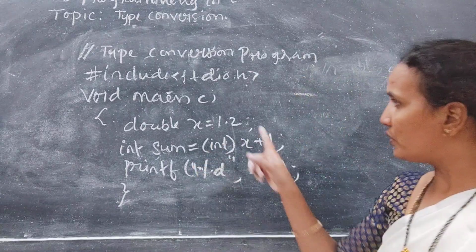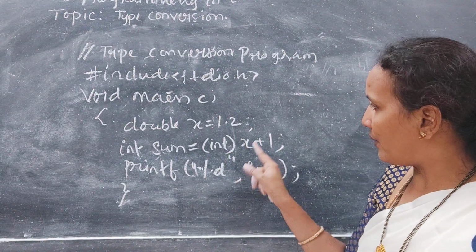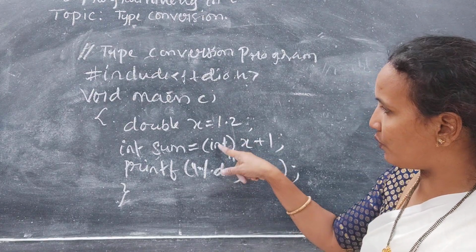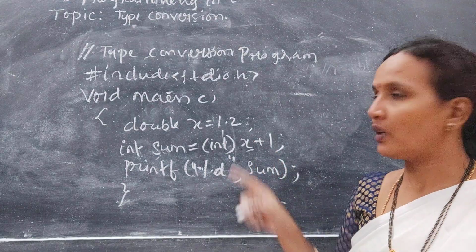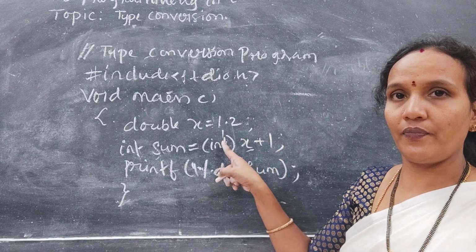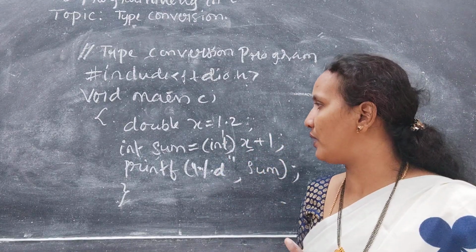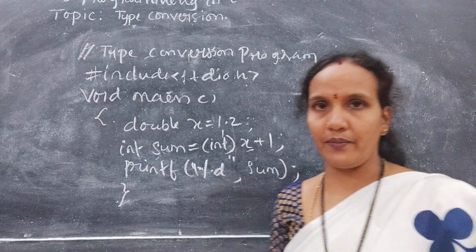Okay. So x equals 1.2. It is a float. x plus 1. First, this float is converted into an integer. So what is the x value now? 1. After converting, 1 is added to this. Now what is the sum value now? 2. 2 is printed on the output screen.